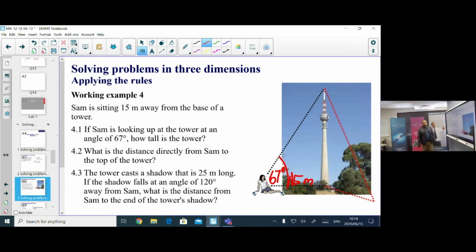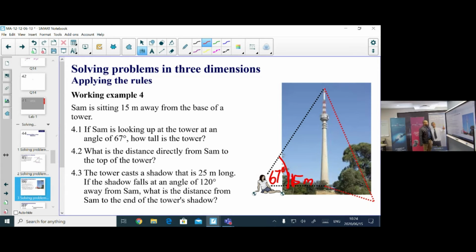Okay, so the good thing about these problems that have to do with elevation and depression, just tell yourself in mind that most of them relate to 90-degree triangles. So in that regard, it means you can use your trig functions and your Pythagoras.